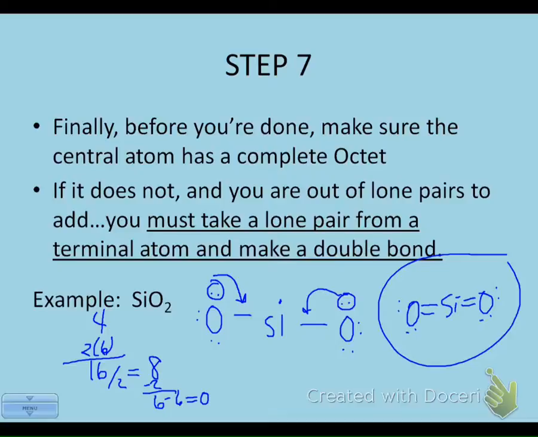Now, every year students look at me kind of questioningly like, what are you doing? How can you go back and take dots from the oxygen and put them on the silicon? We're not doing that in reality. We're following a set of rules to do Lewis structures. So, yes, going step by step, in step 7, we take it from oxygen and give it to silicon.